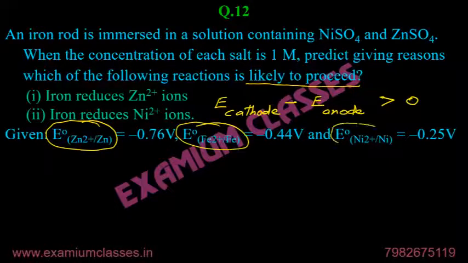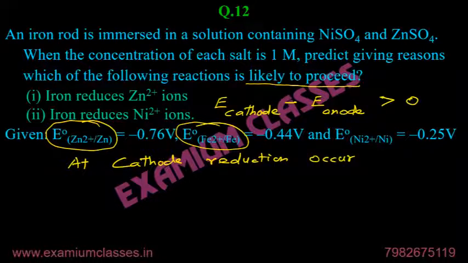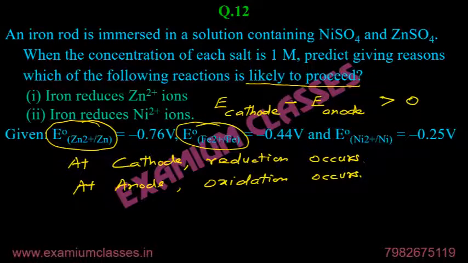We just need to find out which one is related to cathode and which to anode. At the moment we are talking about zinc and iron, so only the first two. So always remember, at cathode, reduction occurs. At anode, oxidation occurs. These are the facts you should remember.